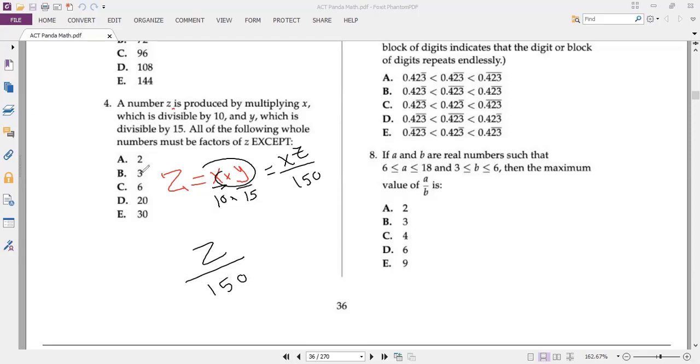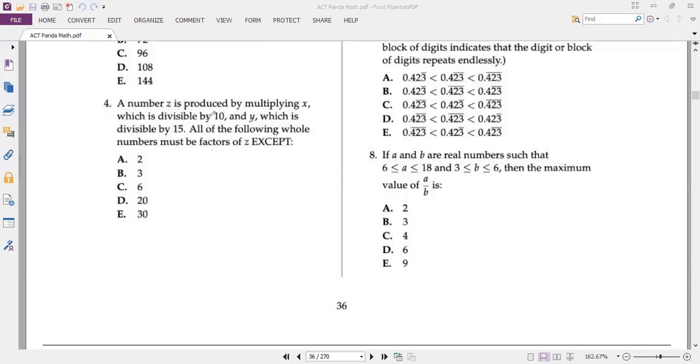So just to check which of these numbers couldn't be a factor for z. If this number is a factor of 150, then it can be a factor for z. Again, how is z produced? Z is produced by multiplying x times y.